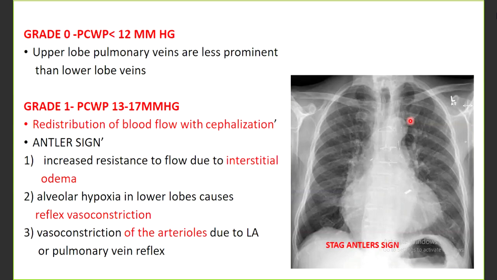It is also called redistribution of blood flow, cephalization, antler sign, because it resembles antler's horns. It's basically due to interstitial edema, and there is also reflex vasoconstriction of the arterioles that makes the vessels more prominent. Now, when you see these findings, we can presume that the LA pressure has increased from 12 to 15.